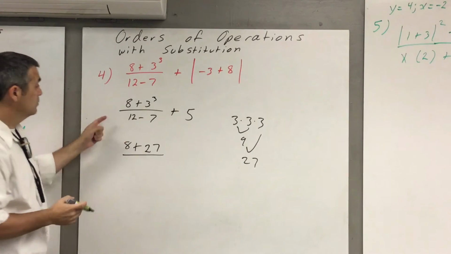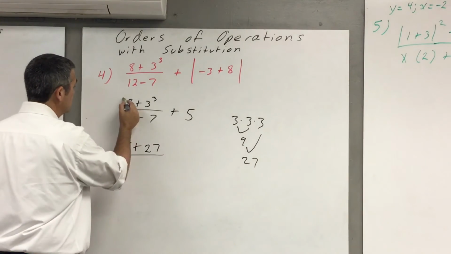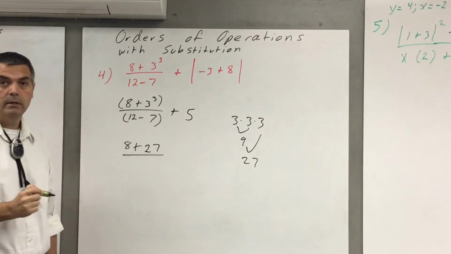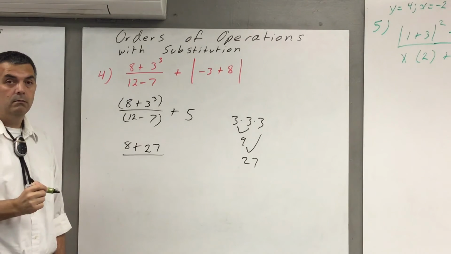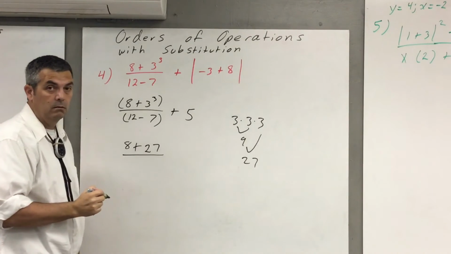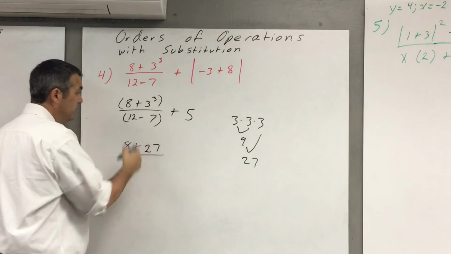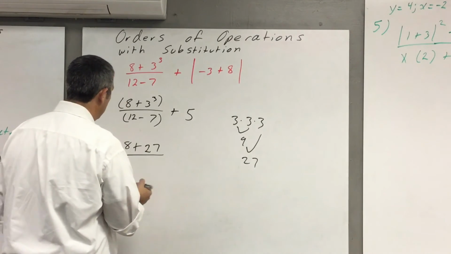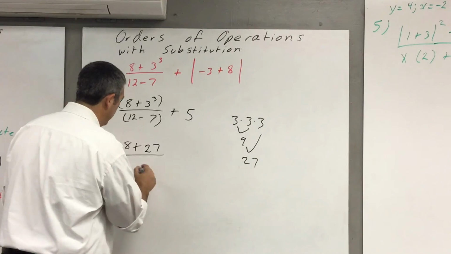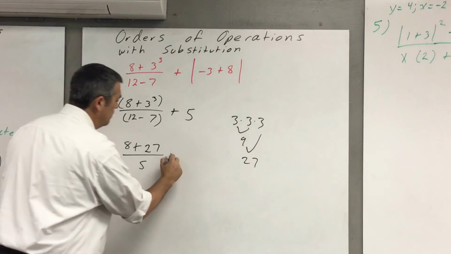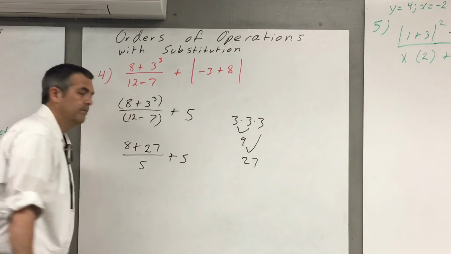Because really what's happening is you have this down here. You could do that. I'm going to go ahead and do that because 12 minus 7 is 5. 5 plus 5.